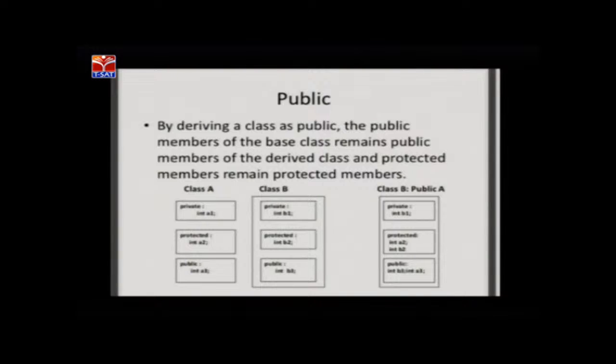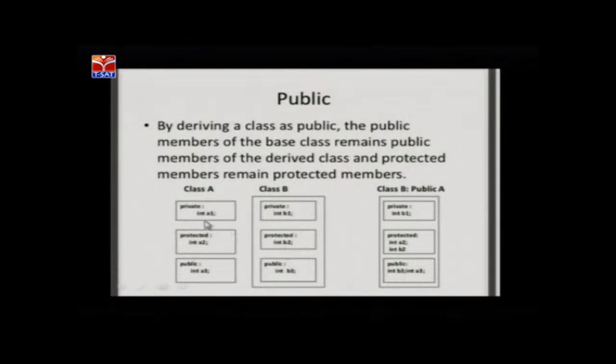So friends, look at the picture. I have taken two classes, class A and class B. Here class A consists of private members, protected members and public members, while class B also contains private members, protected members and public members.